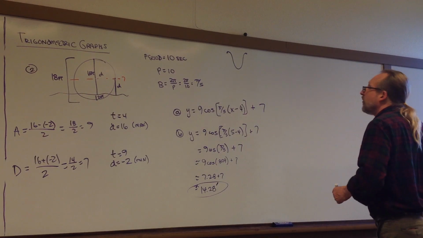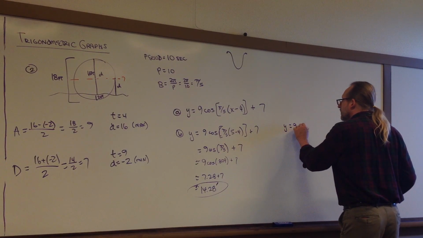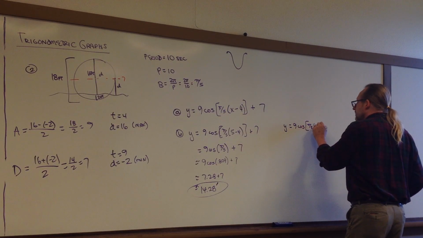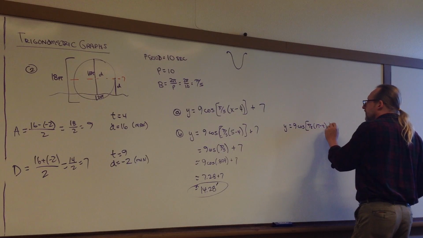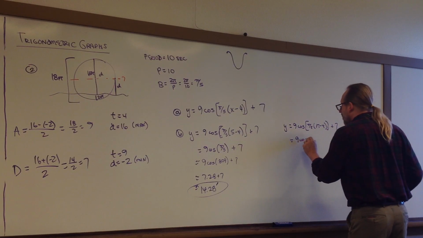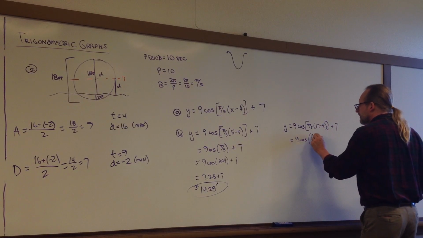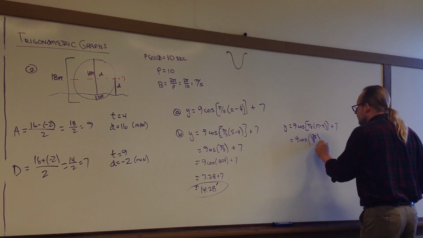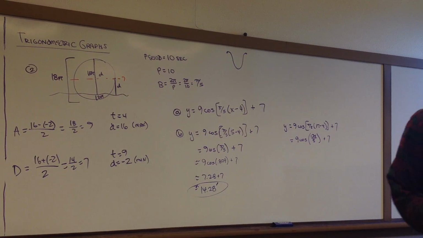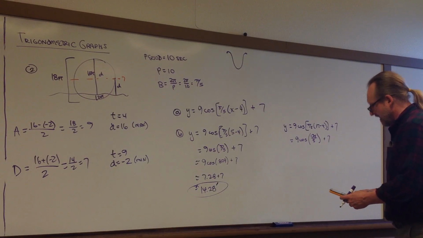Okay. What about when x is 17 seconds? So this will be then 17 minus 4. So that'll be, right, pi over 5 times 13, so 13 pi over 5. All right, let's do some calculating here. Cosine 13 pi over 5.